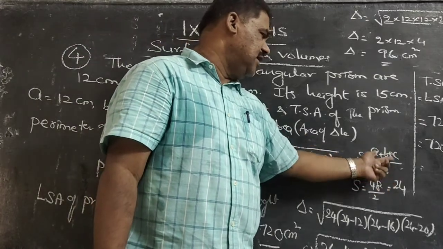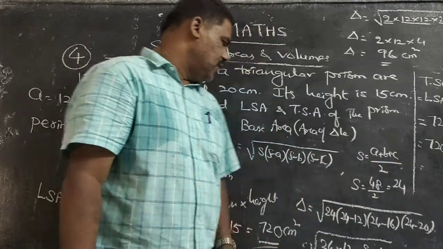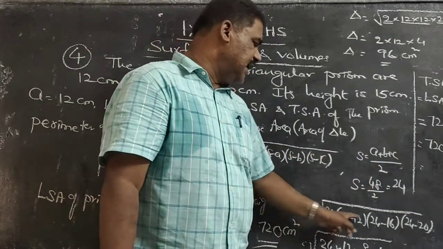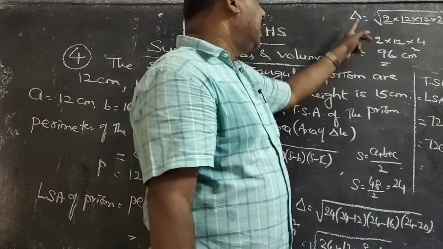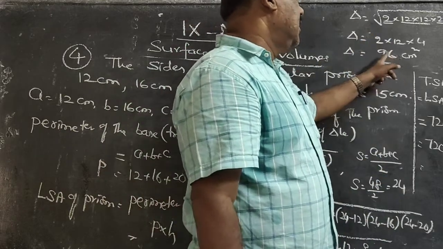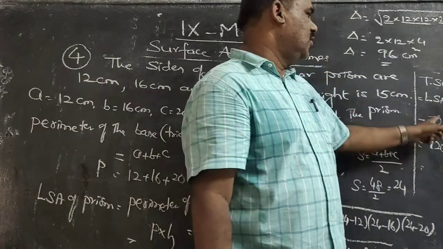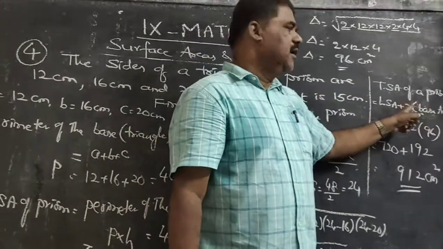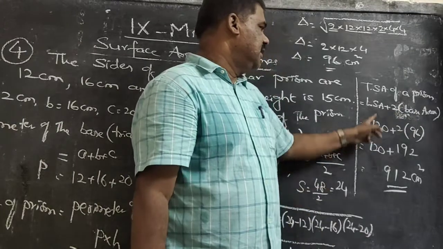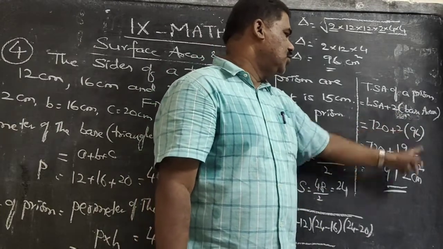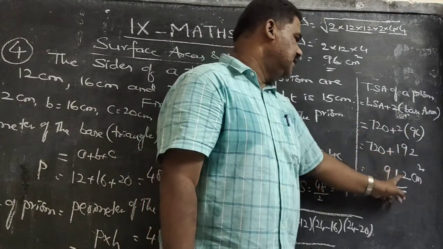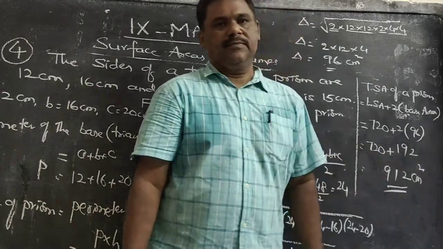Perimeter by 2 is called s, that we got 24. So if you substitute s, a, b, c values, we are getting area of the triangle as 96. If you know area of the triangle, total surface area of the prism is equal to lateral surface area plus 2 into base area, that is 720 plus 2 into 96, we got 912 centimeters square.